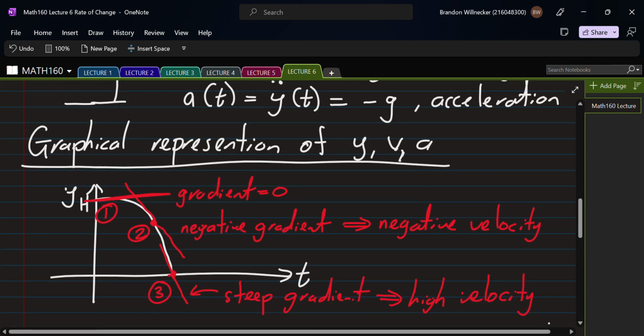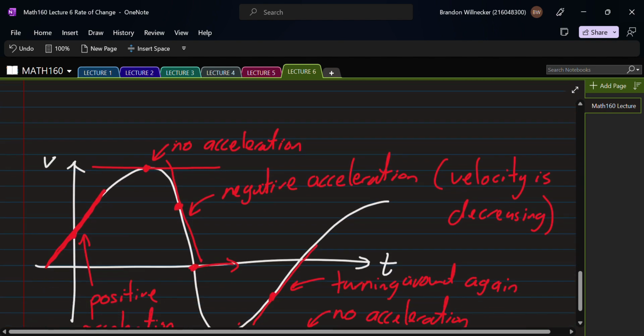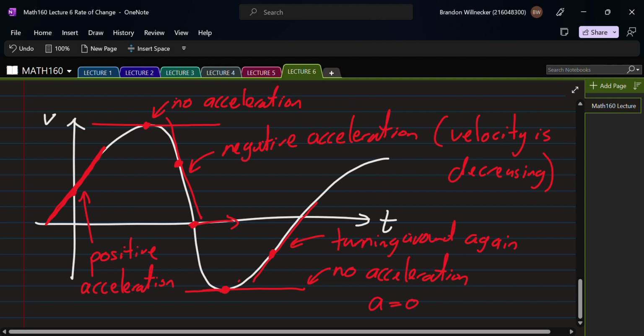So just in summary, if we are given the position as a function of time, then we can see where the particle is, and then by looking at the tangent lines, we can see what the velocity is. Okay. Then if we are given the velocity as a function of time, then the graph will tell us how fast the particle is, and then the gradients, or the tangent lines, will tell us how much acceleration there is.